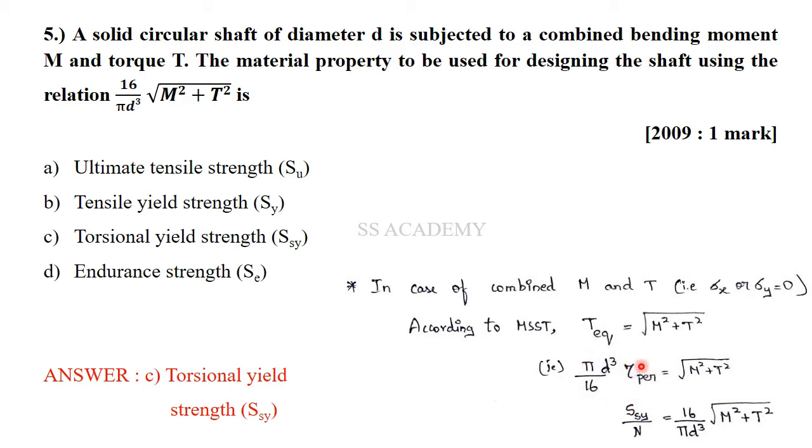Tau per is the permissible shear stress, so tau per can be written as torsional yield strength divided by the factor of safety. So 16 by pi d cube goes here. This is the actual relation developed through MSST, that is the maximum shear stress theory. So the strength which comes into play is the torsional yield strength. So the answer for this particular question is torsional yield strength.